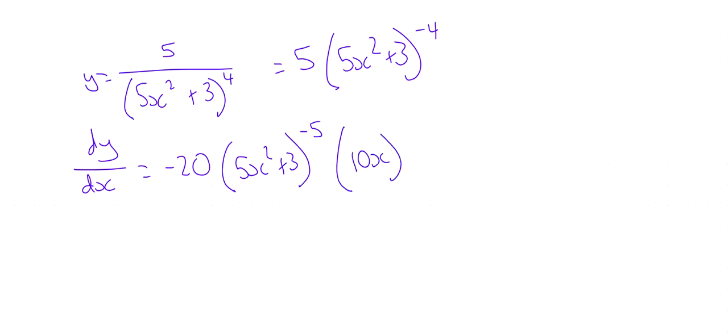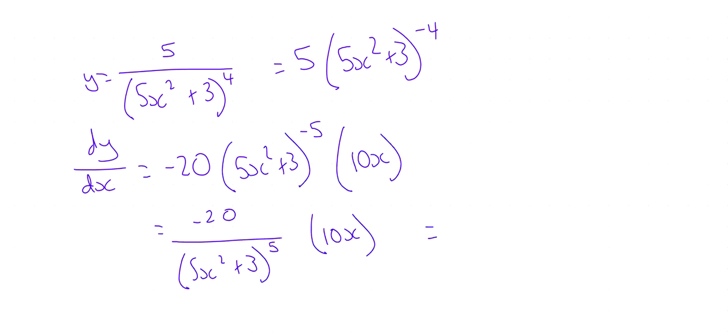So I've got -20 over 5x squared plus 3 all to the power of 5, and I have to multiply the whole thing by 10x. So what do I get? -200x all over 5x squared plus 3 to the power of 5. Can I do anything else? No, that's as simple as it gets. There's nothing that can be cancelled out. That's what I would have.